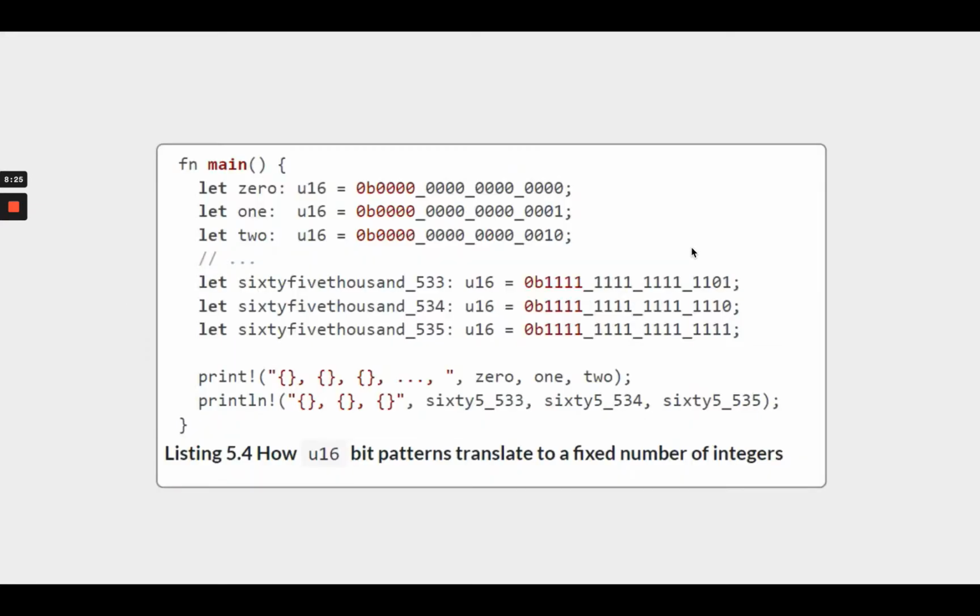Try compiling the code with optimizations enabled via rustc -O ch5-2-oblivion.rs and running the resulting executable. The behavior is quite different. The problem we're interested in is what happens when there are no more bits left. 65,536 cannot be represented by u16.